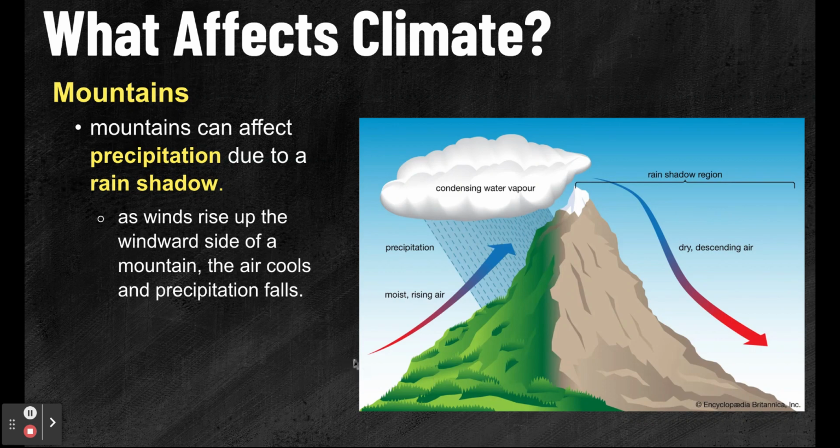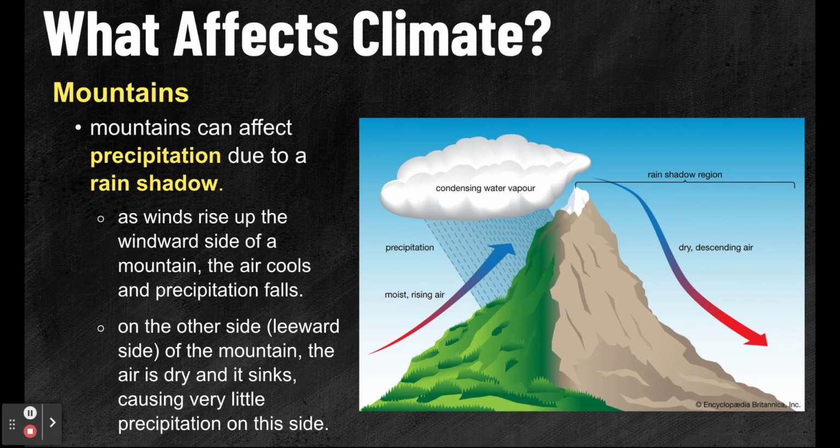As winds rise up what's called the windward side of a mountain, the side where the wind is hitting, the air cools, for the same reason that we just talked about with altitude. Temperatures are cooler at the top. So as the wind rises up, the air cools, and that causes the condensing of water vapor, and so precipitation falls on the windward side of the mountain.